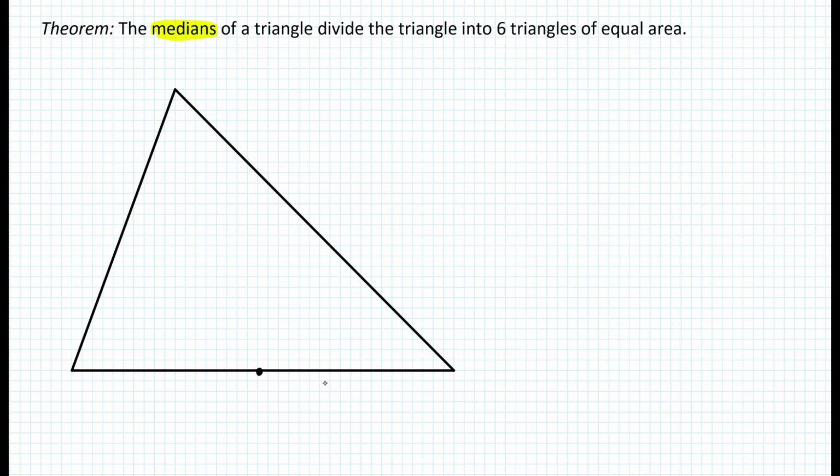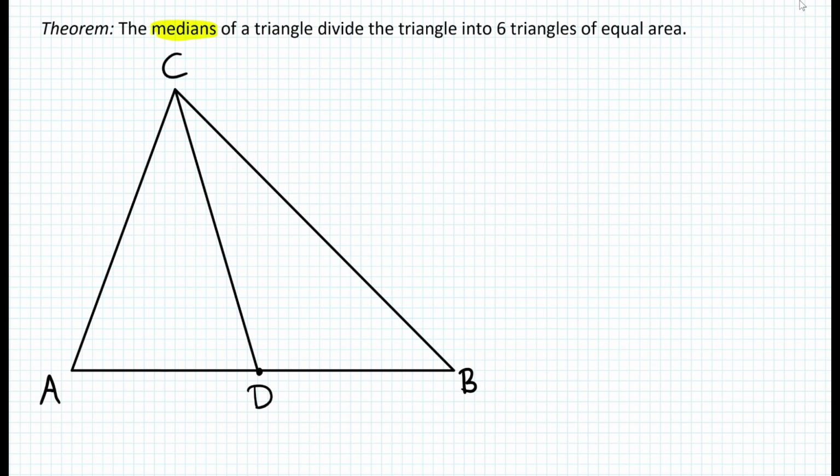Let's label the triangle first. Let's say this vertex is A, this vertex is B, and this vertex is C. So the first median that connects, let's say, C to point D is considered a median. So there you go, it is the median CD now.